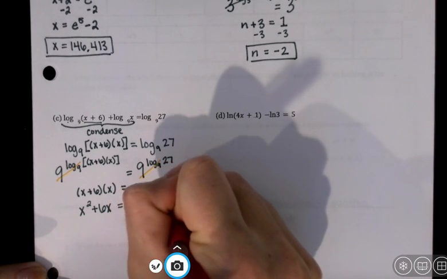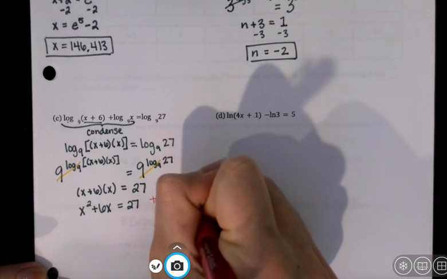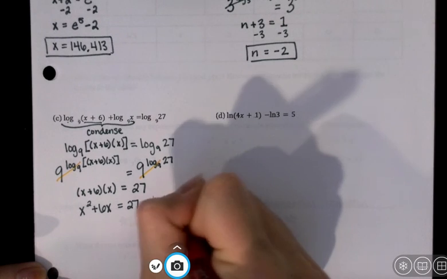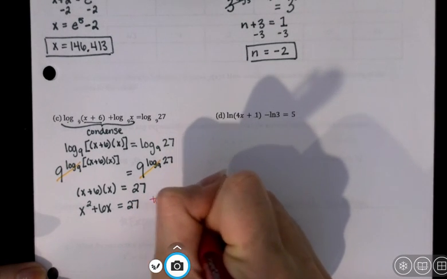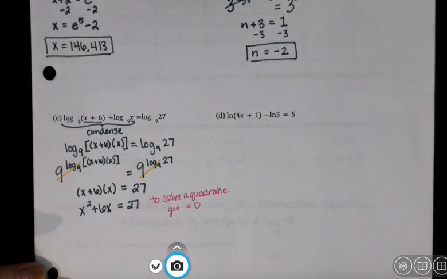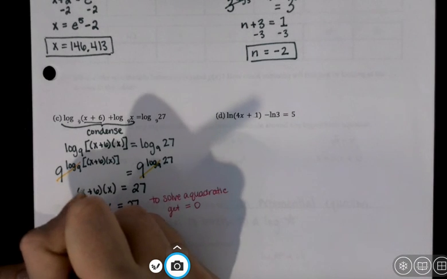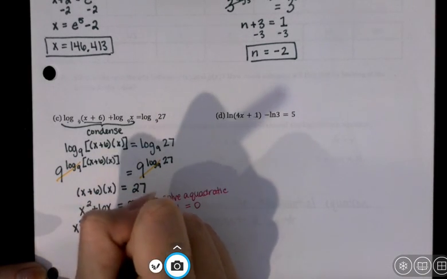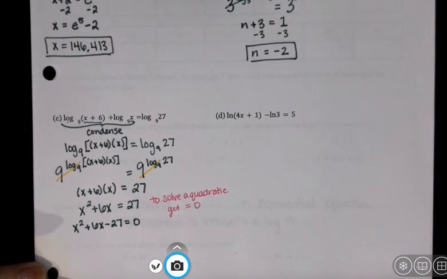So I'm going to make a note here. To solve a quadratic, we have to get it equal to 0. So I'm going to subtract 27 on both sides. So I have x squared plus 6x minus 27 equals 0.